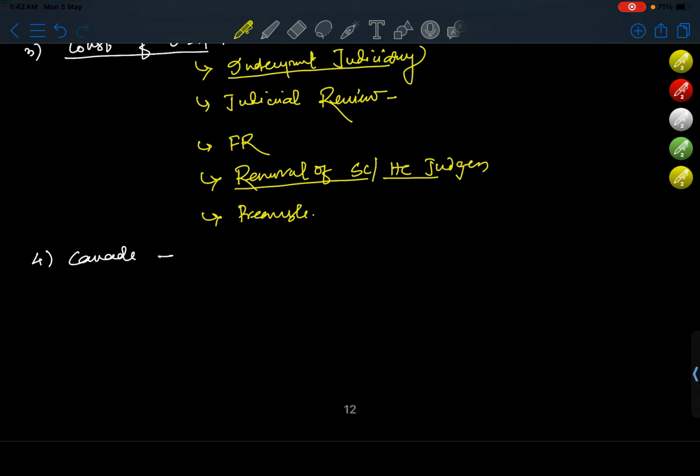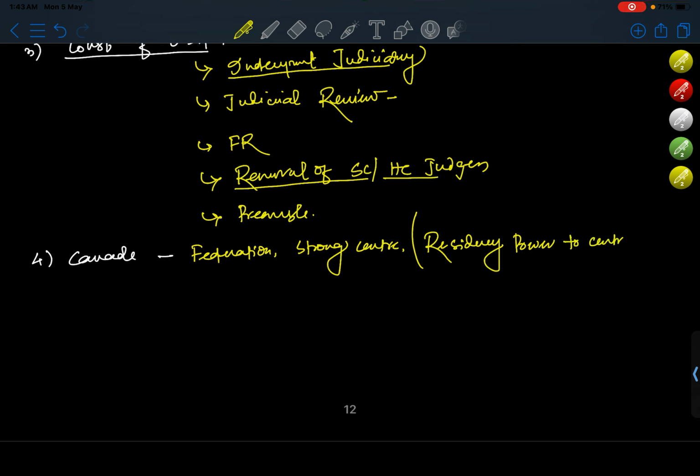From Canada, federation, strong center, residuary power to center. See, in India, the central government is powerful.